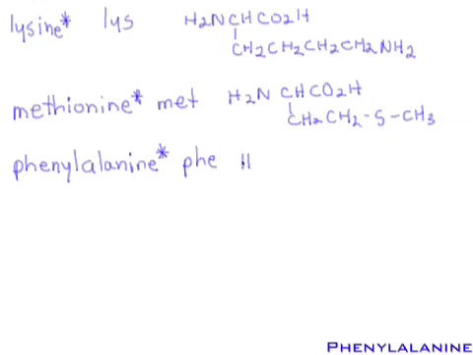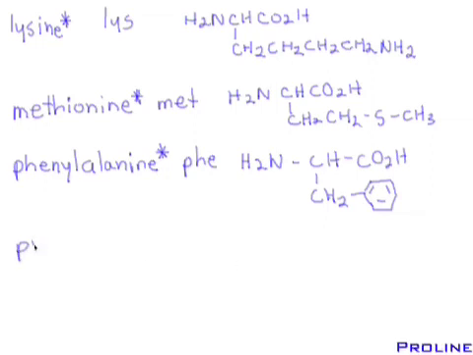So again, we have our basic framework for amino acids. And remember in alanine, the substituent was a methyl. Well, in this case, it's a CH2 because there's something attached to the methyl. And what's attached to it? It's a phenyl group, just as the name suggests. Okay. So there is phenylalanine.